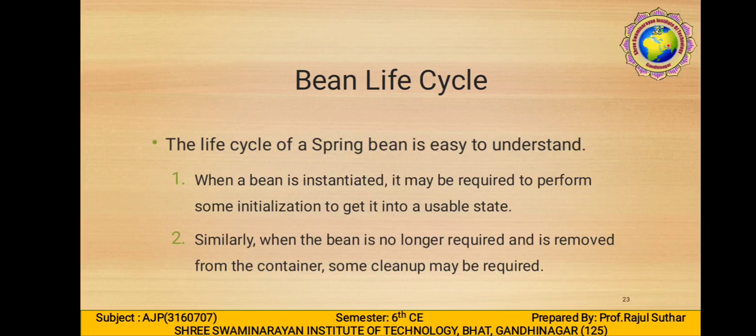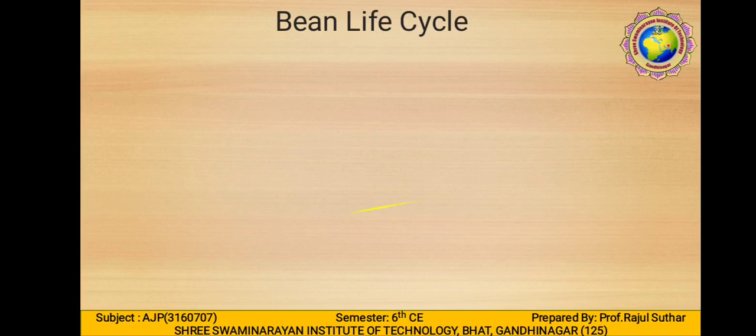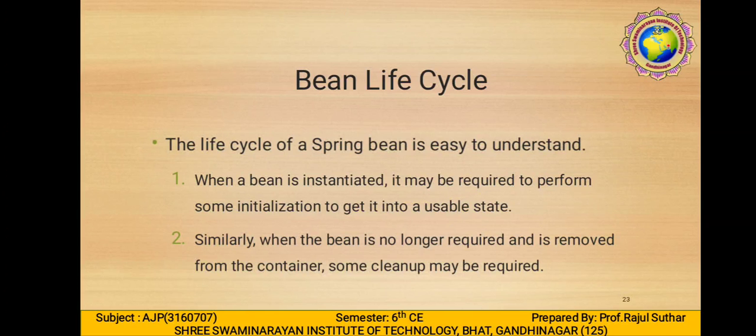This is the recommended approach because there is no direct dependency on the Spring framework and we can create our own method. Similarly, when a bean is no longer required and is removed from the container, some cleanup may be required, like for garbage collection.